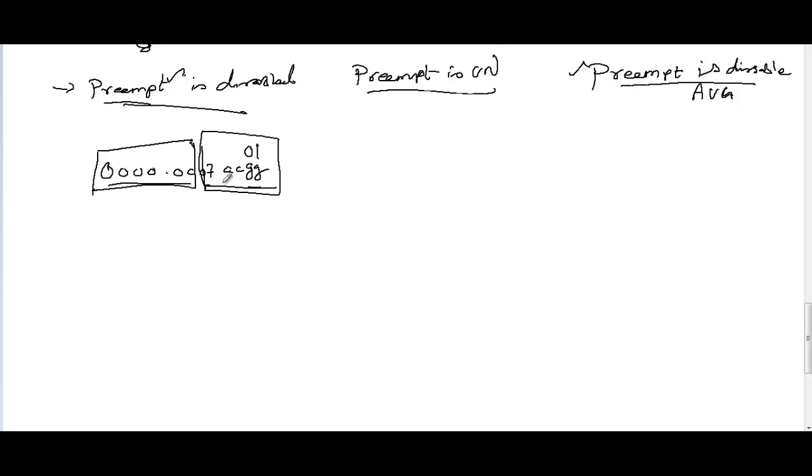Now always 07 AC will be there for HSRP. 07 AC is the HSRP ID.